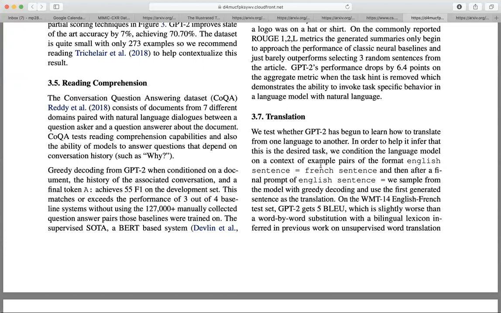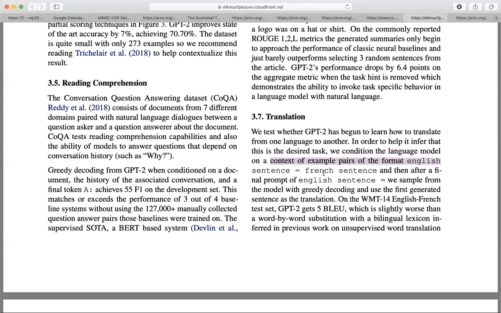They prompt it, because in order to do certain tasks, you need to tell the model that you want GPT-2 to perform translation. The way they do it is they condition the language model on the context of example pairs of the format English sentence and French phrases.